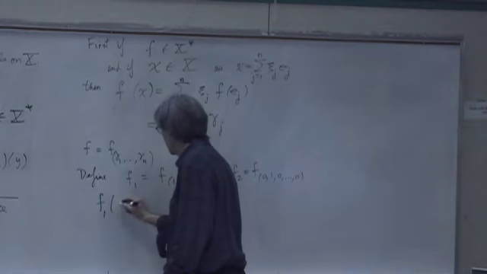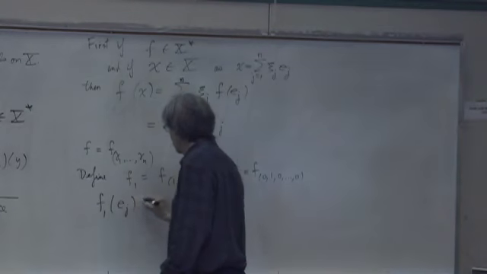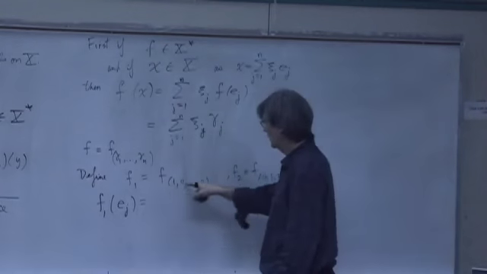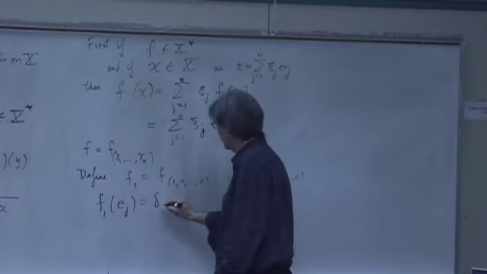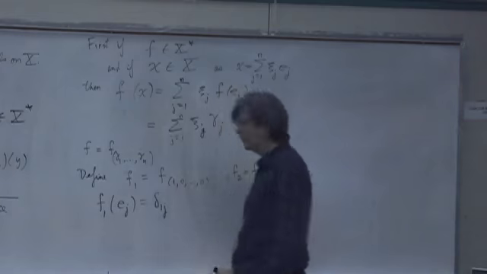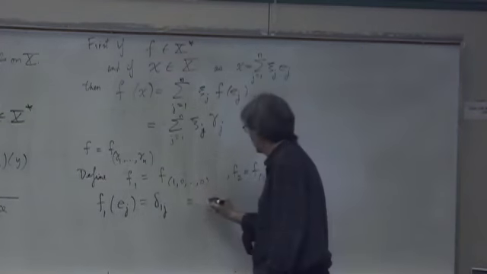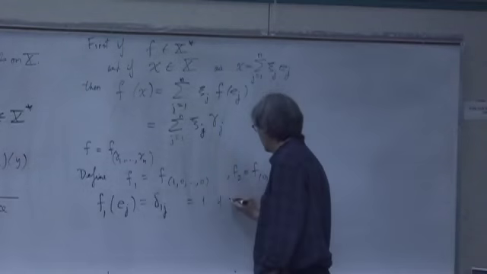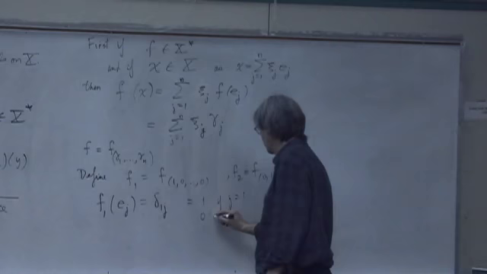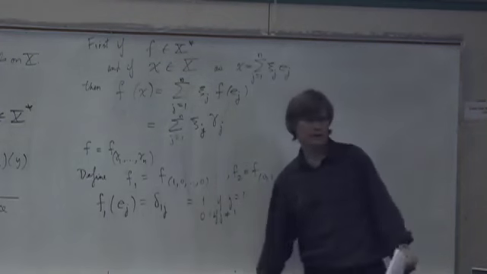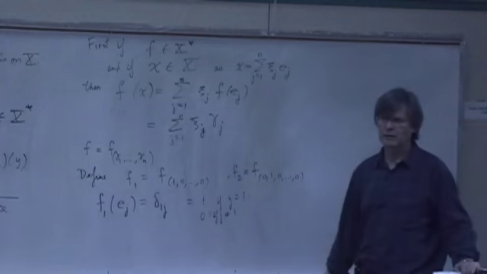So in particular, f1 of Ej is the gamma j. What is that going to be? According to this, it's 1 if j is equal to 1, and it's 0 otherwise. We call that delta 1j. That's the Kronecker delta. It equals 1 if j equals 1, and 0 if j is unequal to 1. Anyone never seen this Kronecker delta? Maybe you haven't.